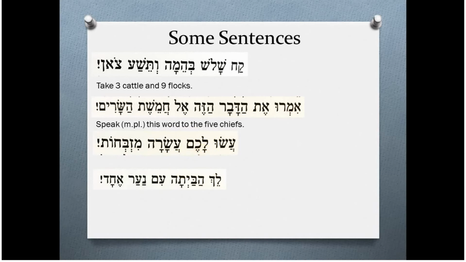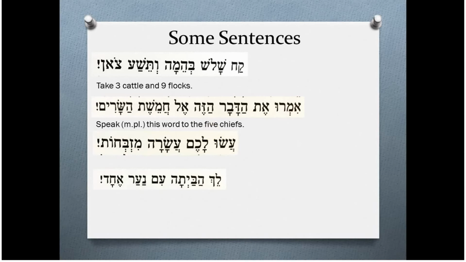So we know this means at this point to you or to y'all. Asara is the word for 10, and mizbechot is the plural of the word for altars. So all we're left with here is the imperative, asu. In this case, this is from asa, right? And the hey has dropped off.